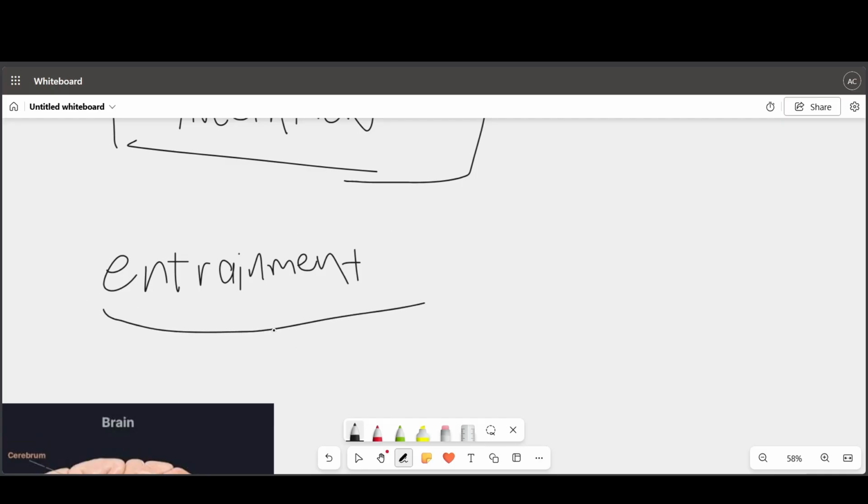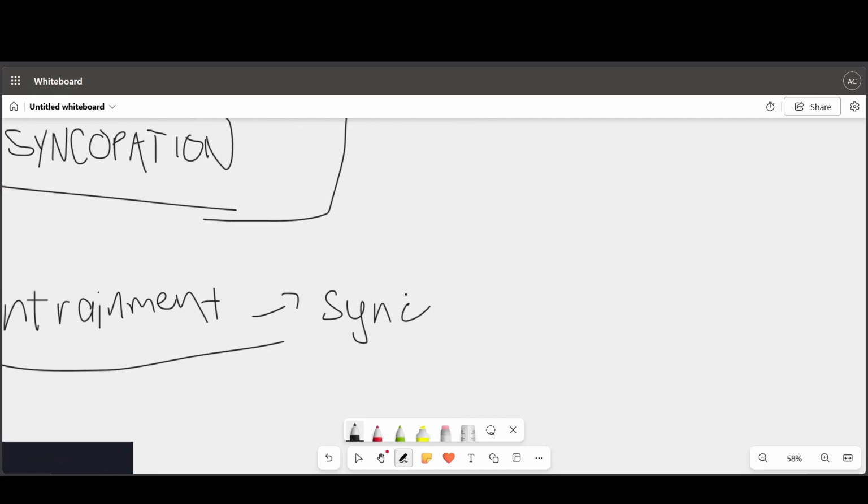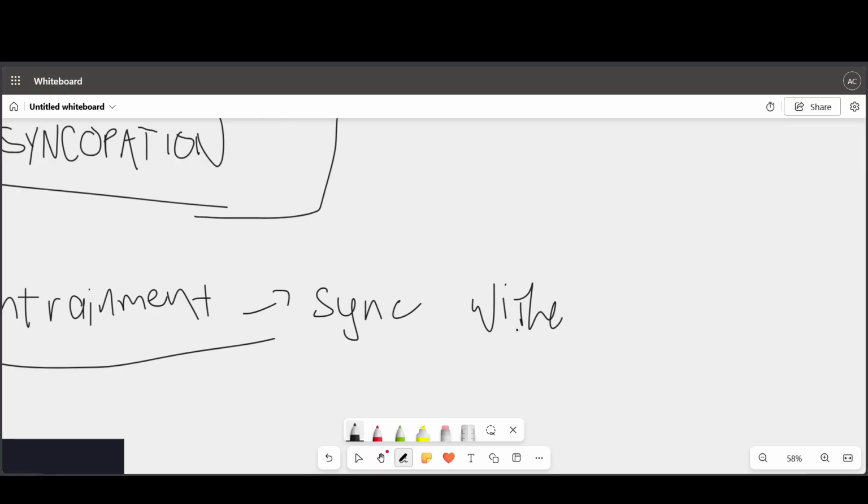Entrainment is just your brain waves trying to sync themselves with the music, to see if its predictions of what's going to happen next with the beat are correct.